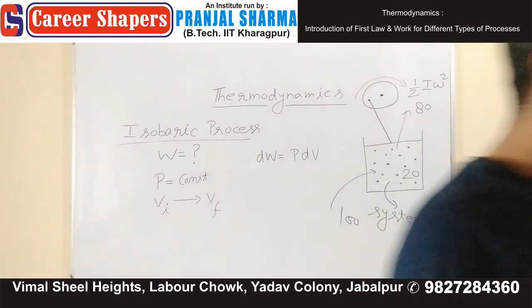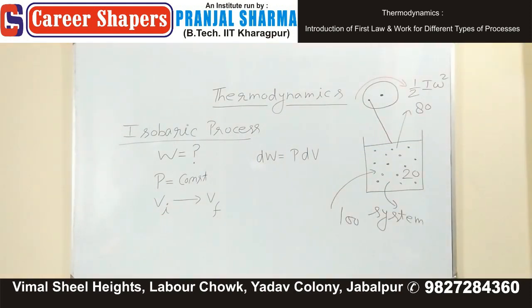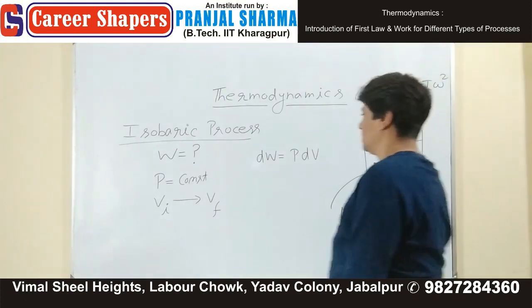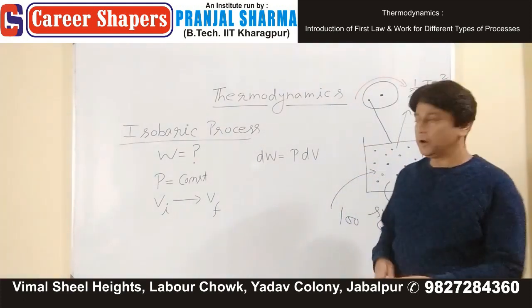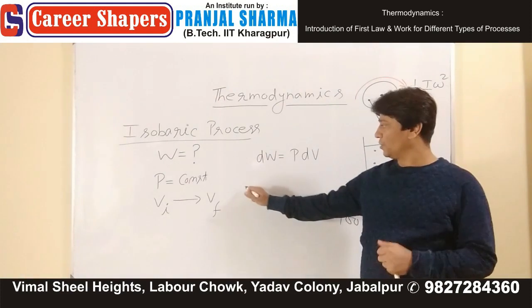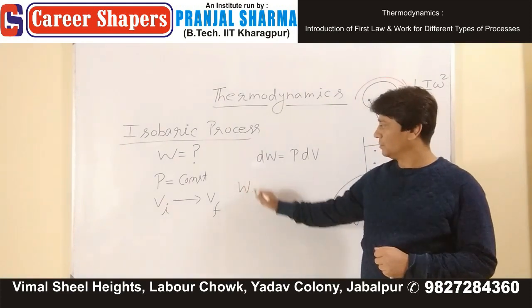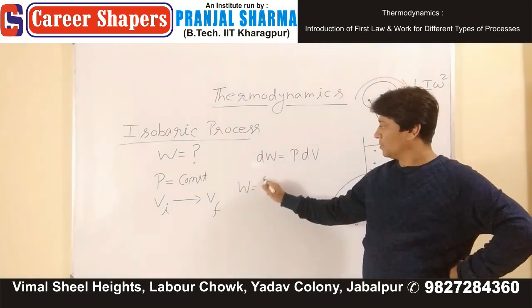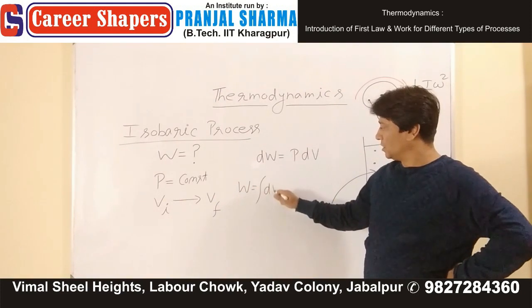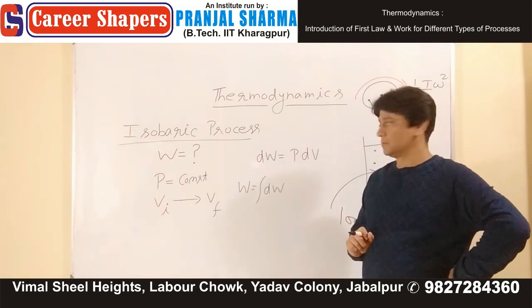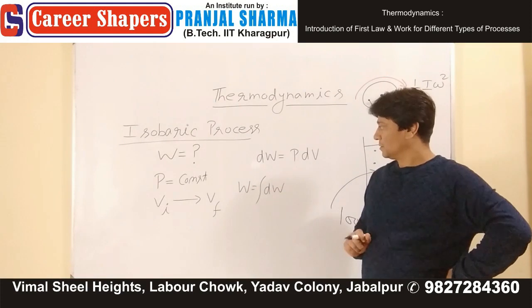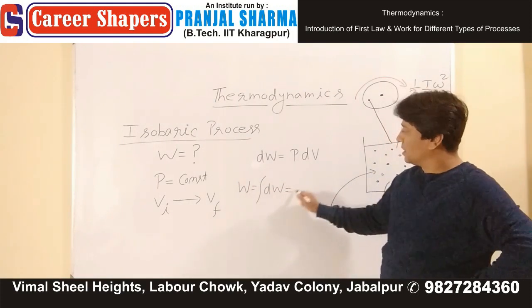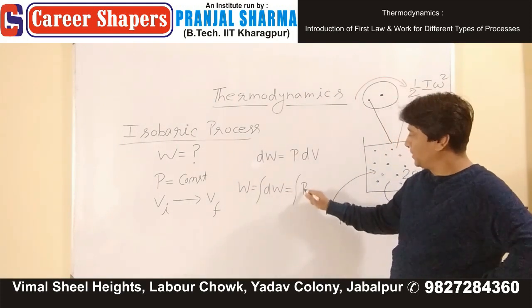Should not take more than 30 seconds. Good. How do you find W? What is W? Integration of dW. That means integration of P dV.